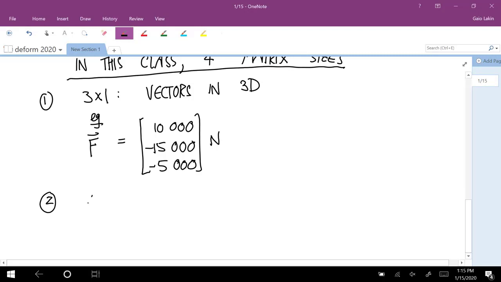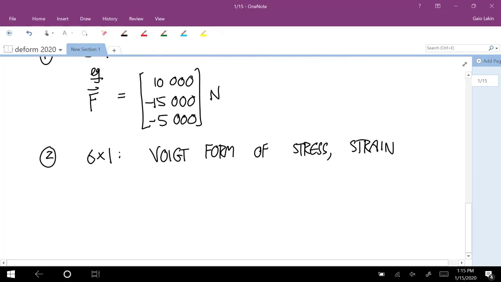The next type we're going to see is a 6x1. And this is going to be what's called the Voigt form of stress or strain. So like the Voigt stress, you represent with an epsilon.